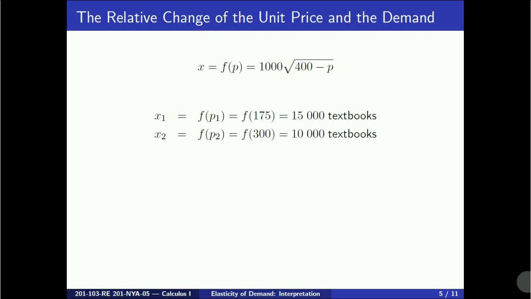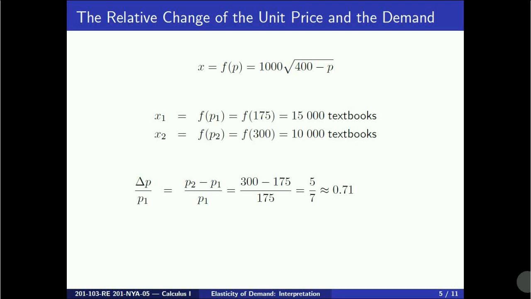Now, the relative change in the unit price is obtained by comparing the change of the unit price, delta P, to the initial price P1 of $175 per unit. This gives (P2 minus P1) divided by P1, which is (300 minus 175) over 175, and that equals 5 over 7, or approximately 71%.